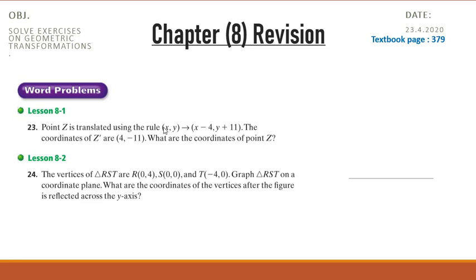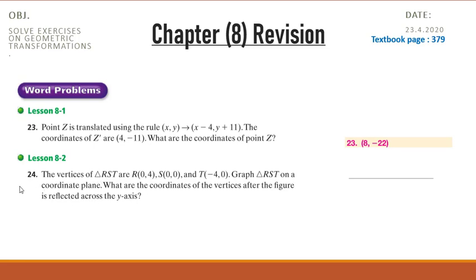So we are going to do the opposite of the rule. You said we are going to add 4 instead of subtracting 4 because this is the image and we need the original. So the x coordinate will be 8. Great. And for the y-axis we are going to subtract 11, so it will be negative 22. Great work. Thank you, Abdullah.